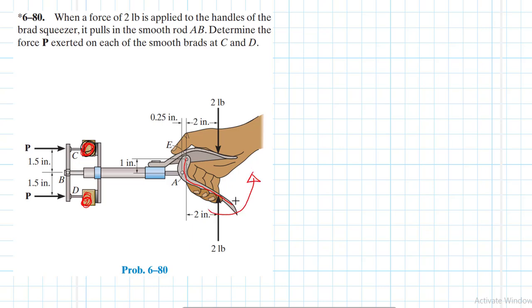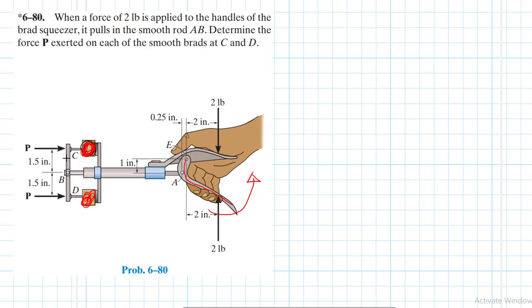As it is being pulled, it rotates in an anti-clockwise direction and exerts a force on member AB. As the member AB is tensioned, it pulls on this rigid bar CBD, and later on it squeezes this material here. And we have been asked to determine the force P.